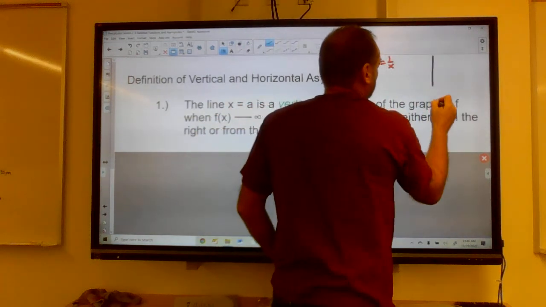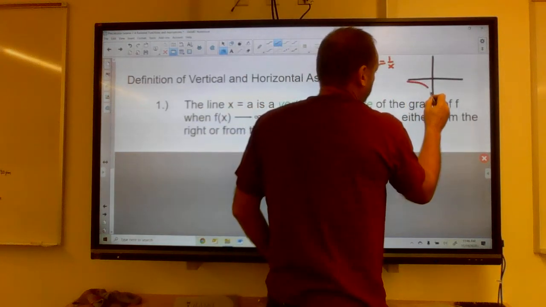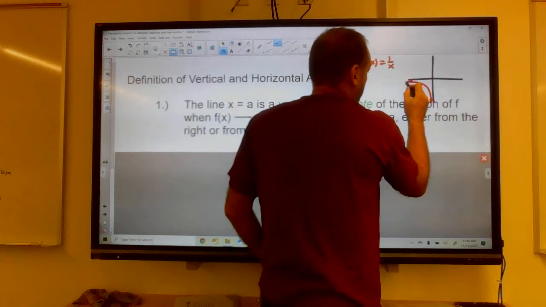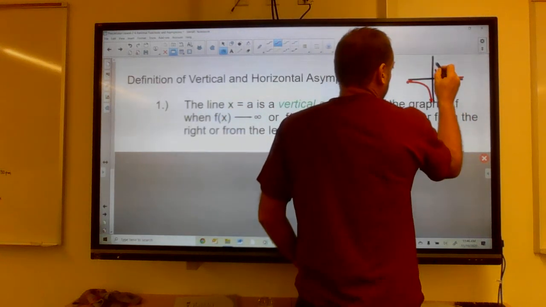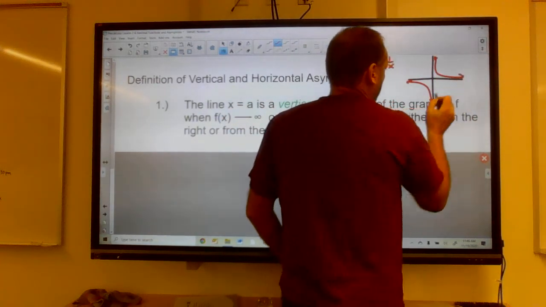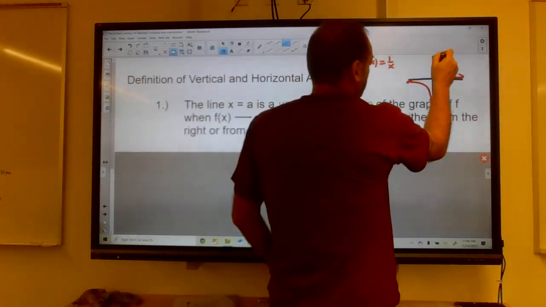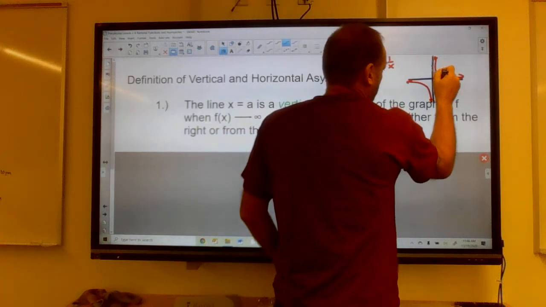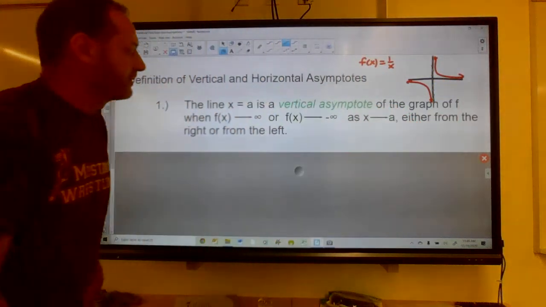Okay, so we looked at the graph, it went like this. As you got closer and closer to 0 from that side, it went to -infinity, and as you went closer and closer to 0 from that side, it went to +infinity. And so what you get is this imaginary line right here. It's a vertical line. It's called a vertical asymptote.